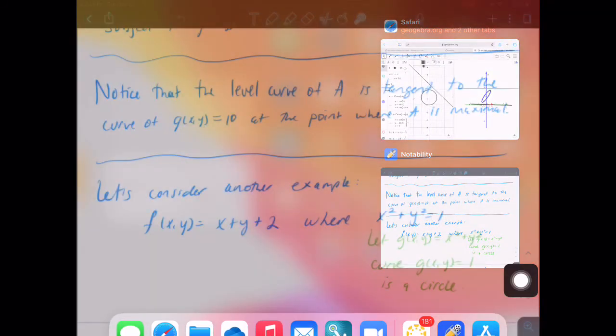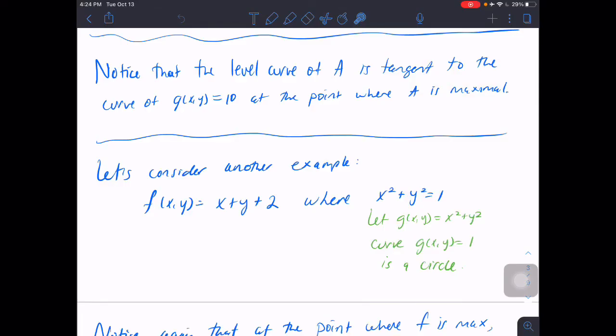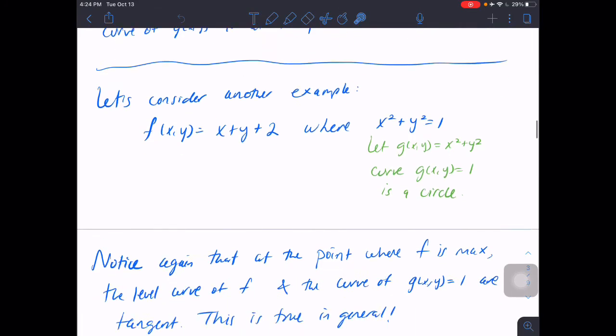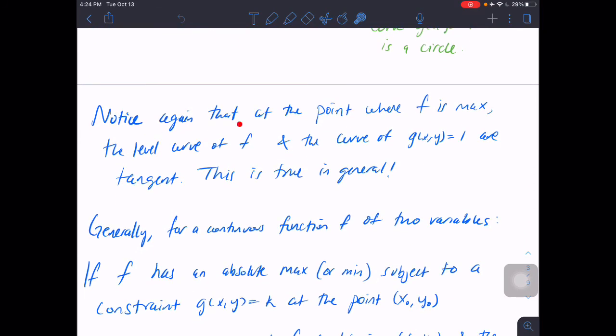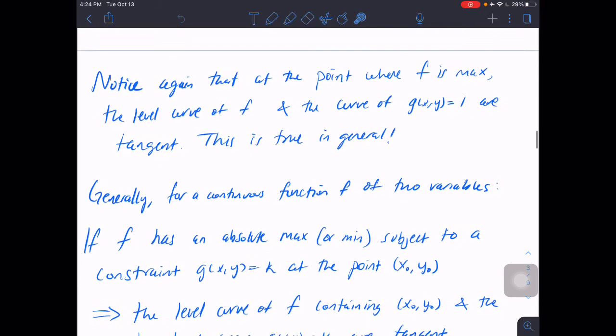So this example shows us insight into this particular fact that happens in general, okay? So notice again that at the point where f is maximal, the level curve of f and the level curve of your constraint are tangent, and this is true in general for any continuous function.